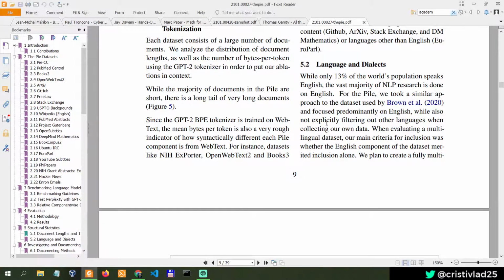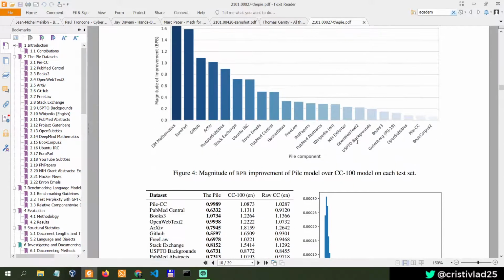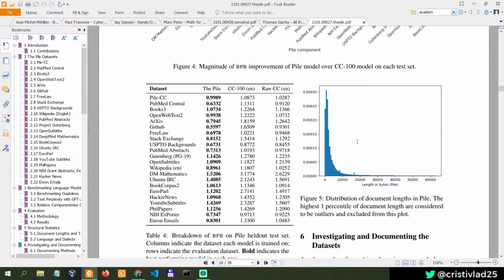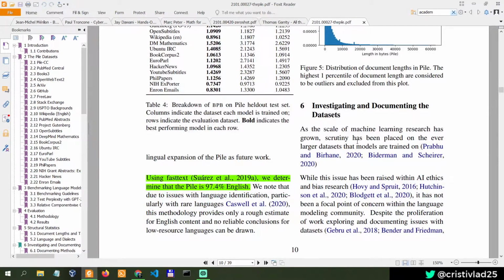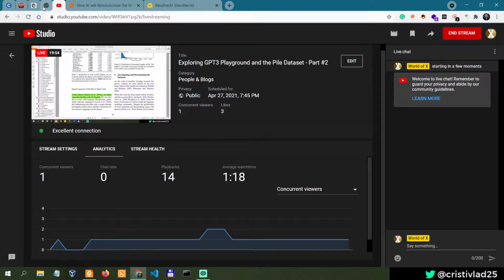I think it's 97% English, while this one, the Pile, what do they say? So the Pile is 97.4% English.